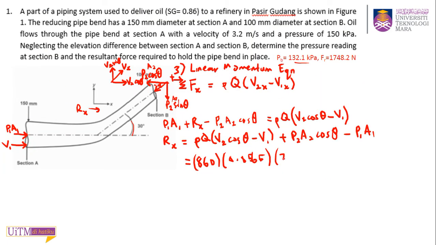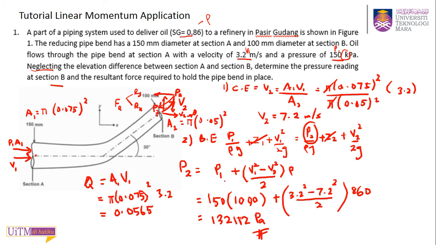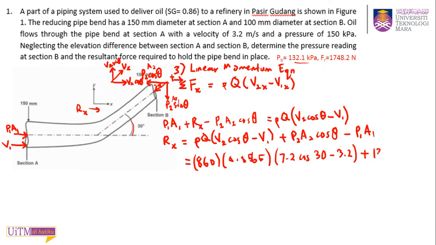Okay, 7.2 cos 30, the theta is 30, minus V1 is 3.2, plus, okay, P2, you already calculate the P2, 132112, times A2.